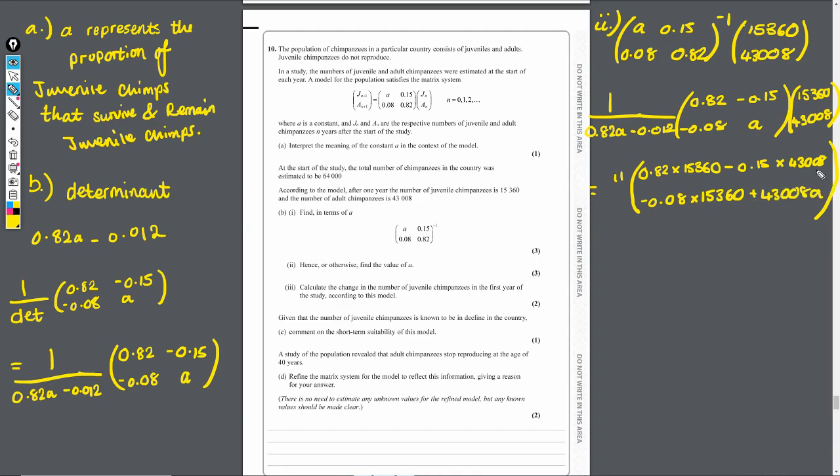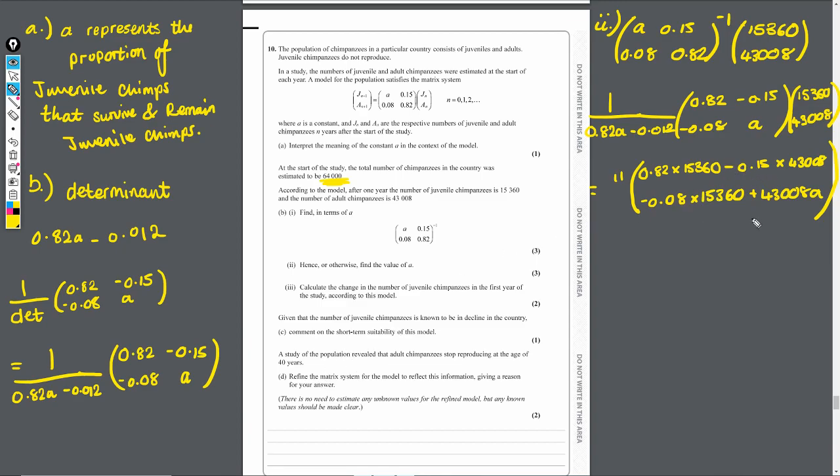Now we know this here is the total population, and we've been told that the total number of chimpanzees was 64,000. So 1 over 0.82A minus 0.012 times this should be equal to 64,000.